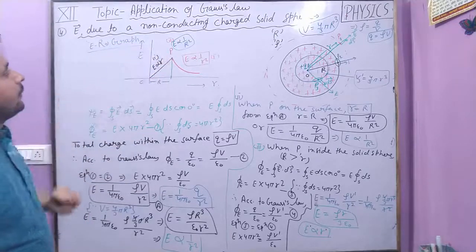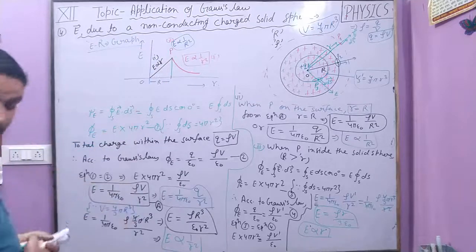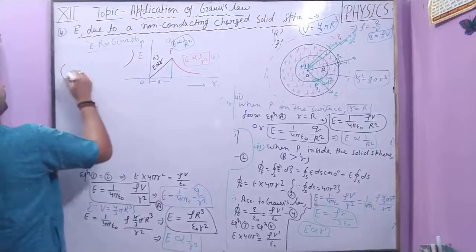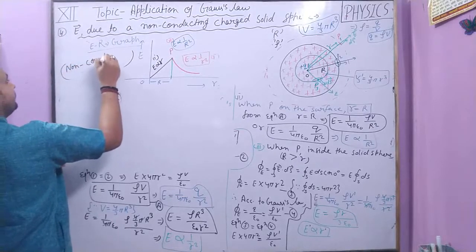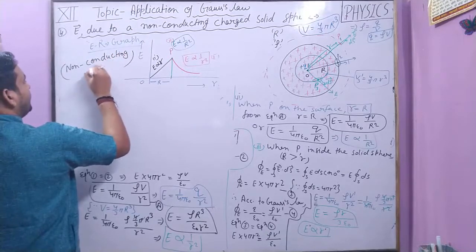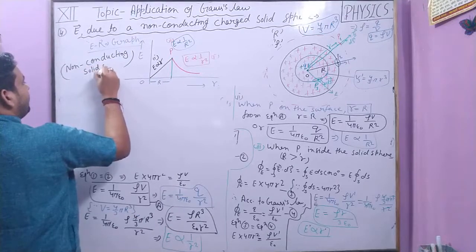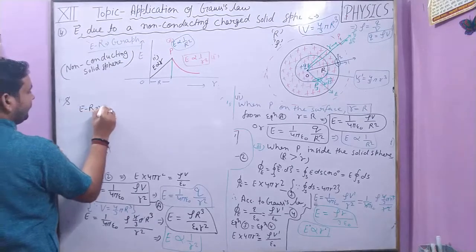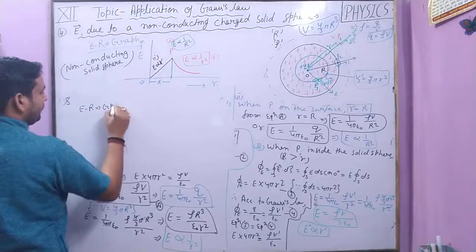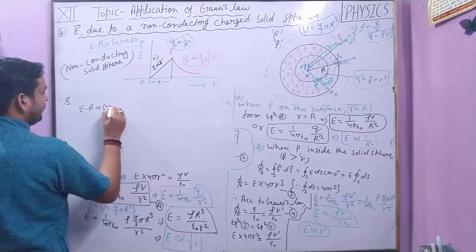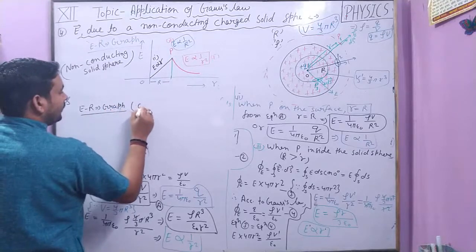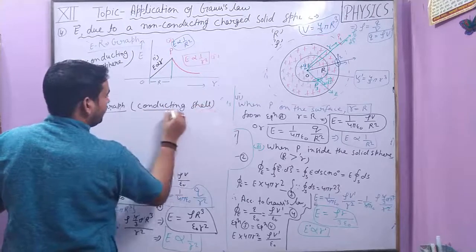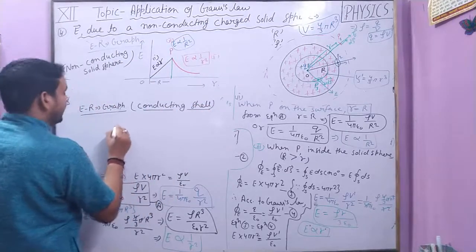One is for the non-conducting solid sphere, this, and another is the E-R graph for the conducting shell. These are important graphs, you need to understand both.